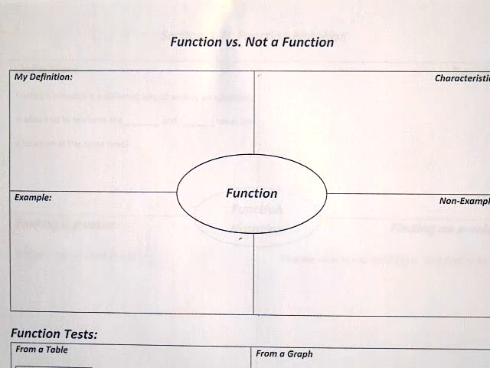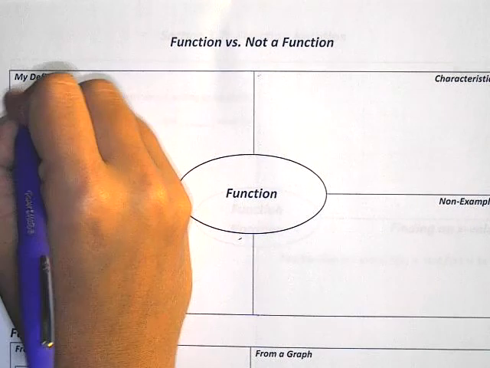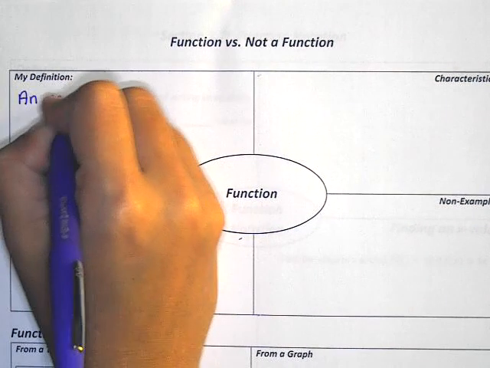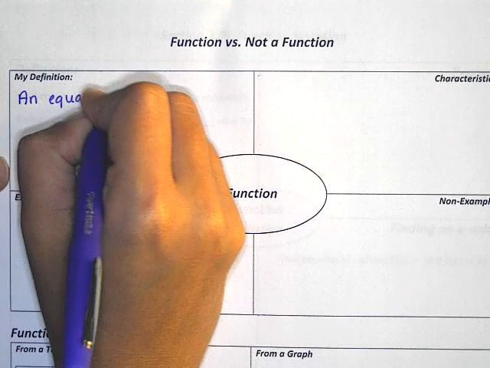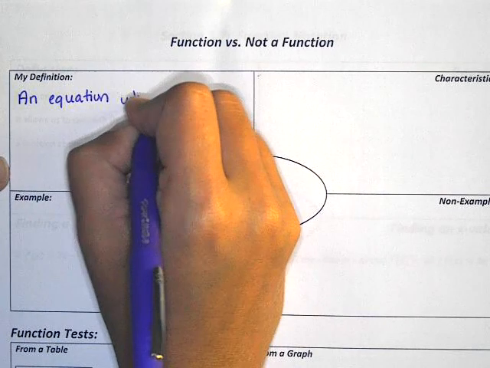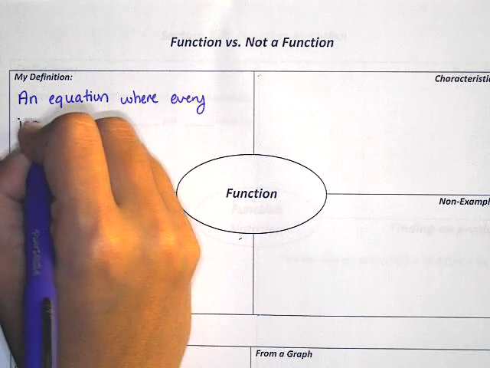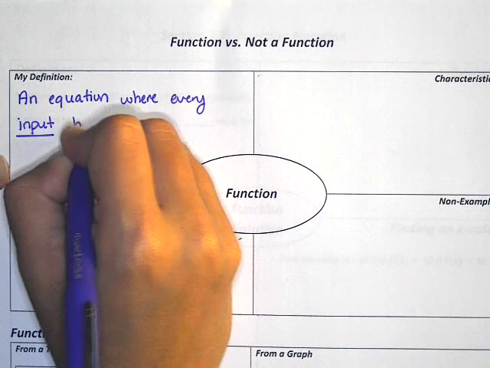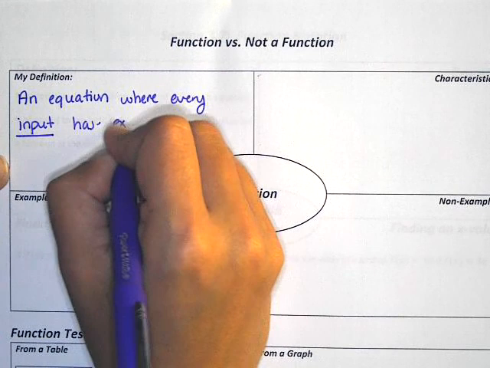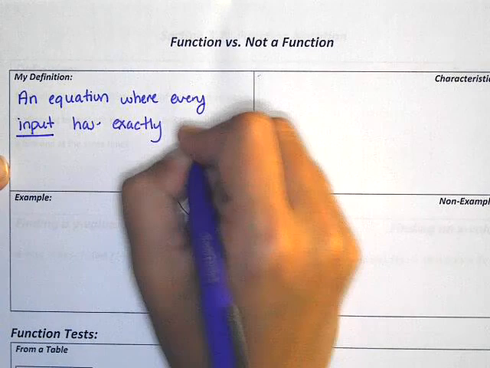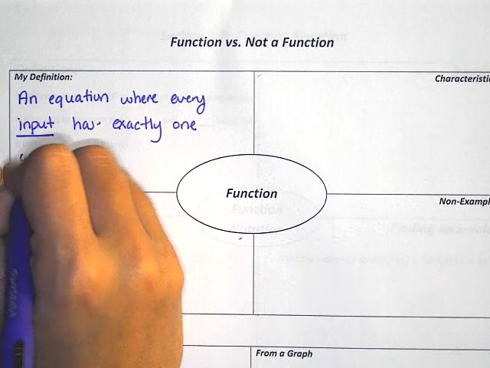A function is an equation where every input has exactly one output.